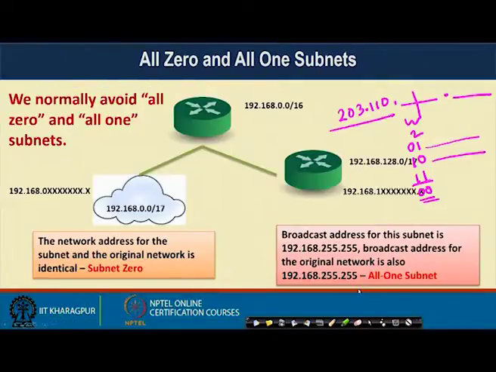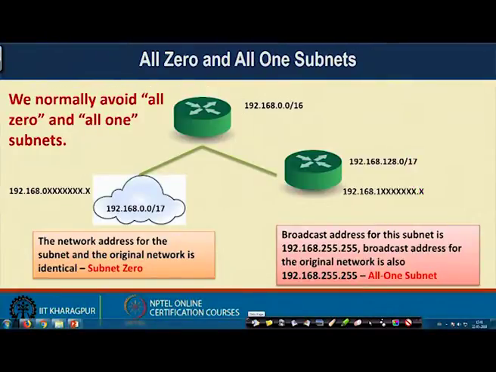The problem of all zeros and all ones subnets is something like this. Say you are using all zeros as a subnet IP. Here, this particular router has the IP address of 192.168.0.0/16. Now, say you create a subnet by taking this 0 at the subnet indication part.